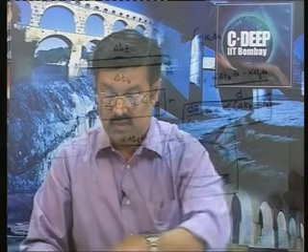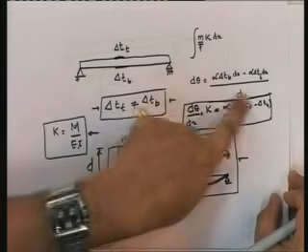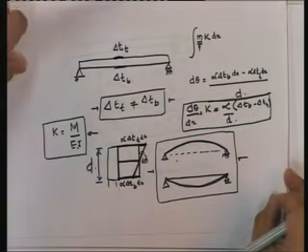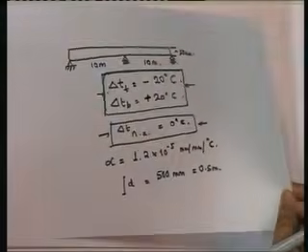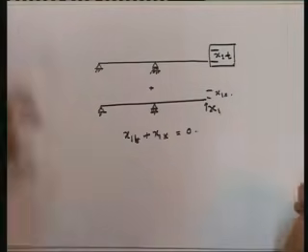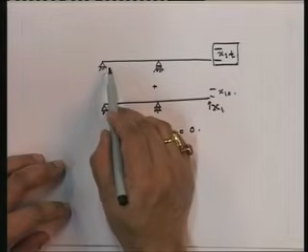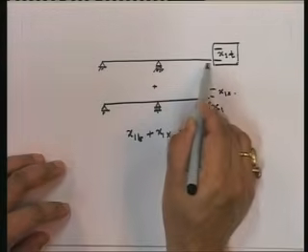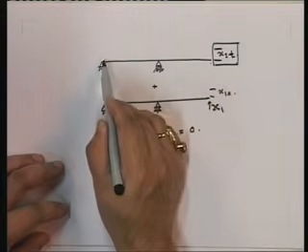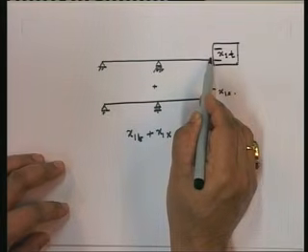Now, I've already done here the effect of the differential temperature. This is the curvature that happens due to differential temperature. Note that the differential temperature is the same. In other words, all along the bottom you have plus 20 degrees, all along the top you have minus 20 degrees.